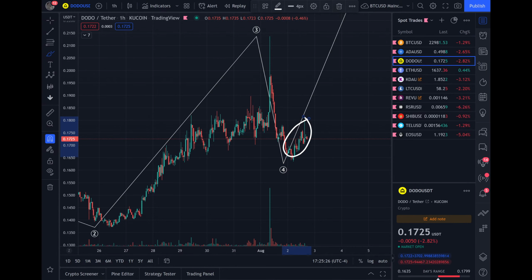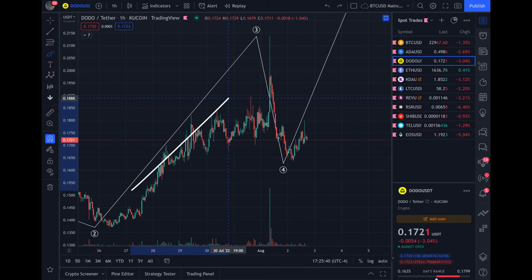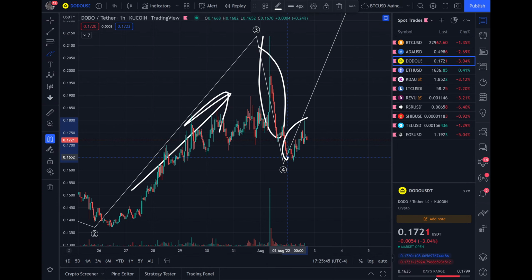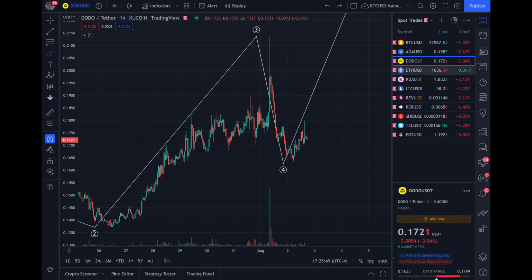It's likely that this is still corrective, but it's corrective in the sense that it's a consolidation reversal out of this larger trend, right? Quote unquote larger. It's not larger. This is the smaller trend. This is the larger trend, right? So this is the correction. This is the consolidation reversal of this correction. That's what I meant. Okay.